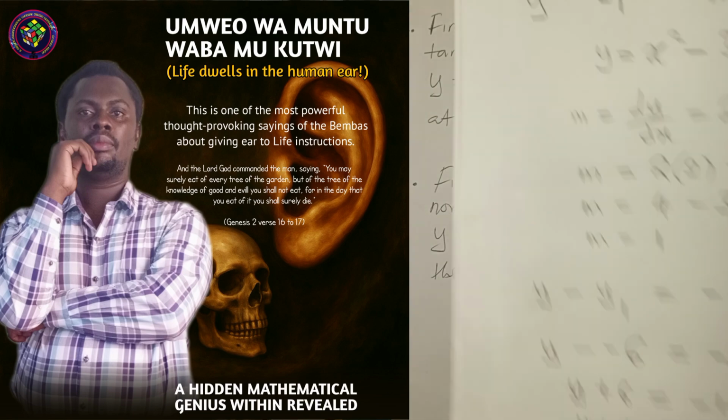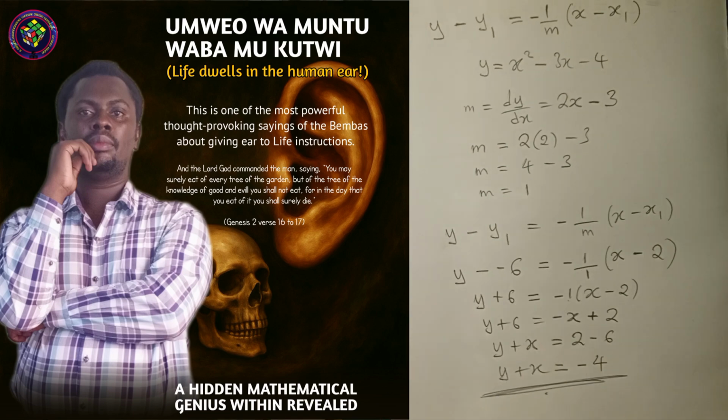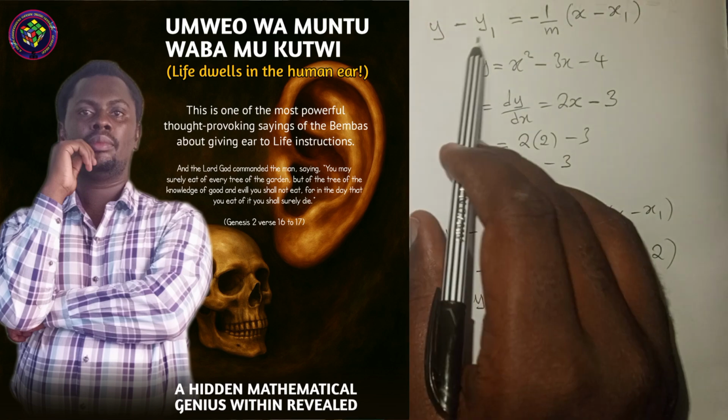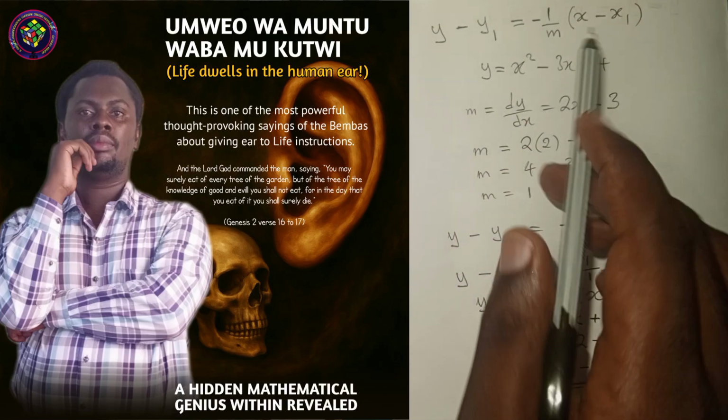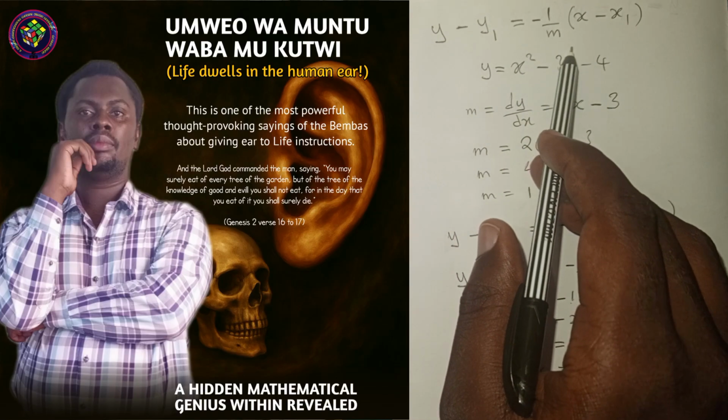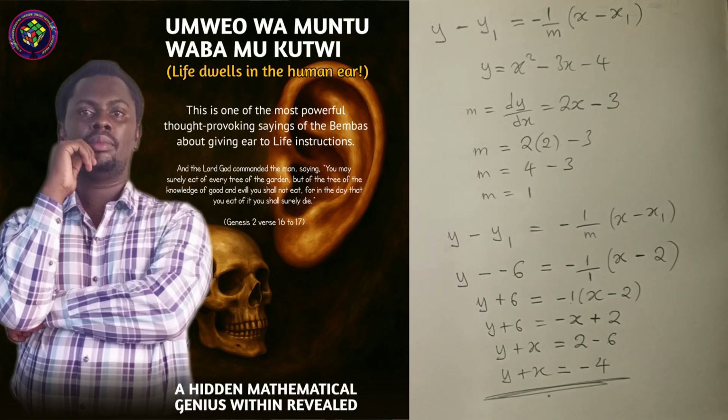And when you are answering for the equation of the normal, the equation form is y - y1 = -1/m (x - x1). So this is how you perform calculations to do with the equation of the tangent and the equation of the normal. Thank you so much for your time.